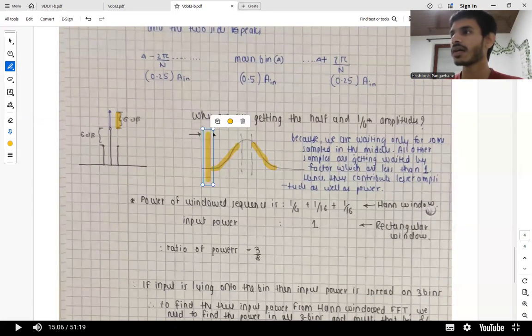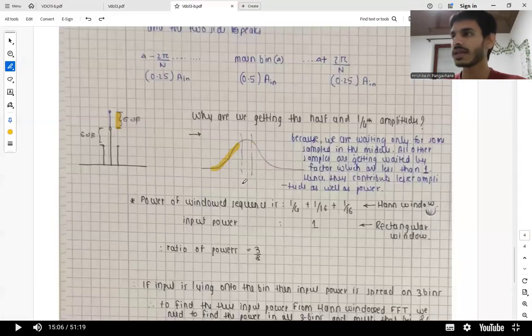Earlier we had a rectangular window like this, where all samples were considered, but now only this sample is weighted fully, and all others get weighted by a factor which is less than 1 but not 1. So hence the contribution is lesser, which means lesser amplitude as well as lesser power.